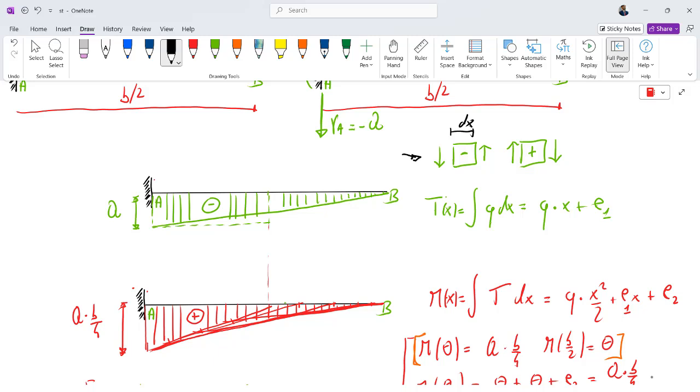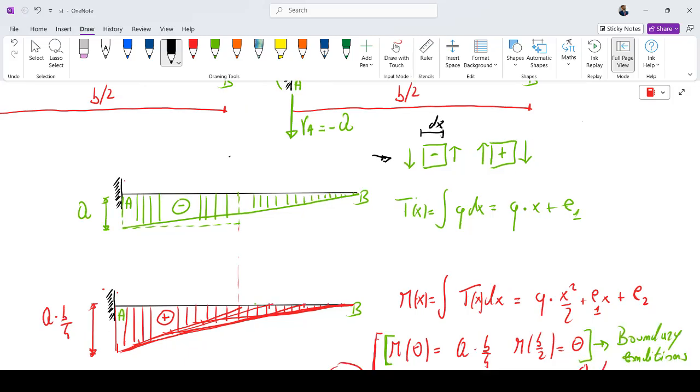So this is equal to q times x plus a certain constant c1. In this case q is constant, so I don't report q as a function of x. It's constant, so q can exit from the integral sign. Making some calculus, we obtain the equation q times x plus c1. c1 is the constant related to this integration.